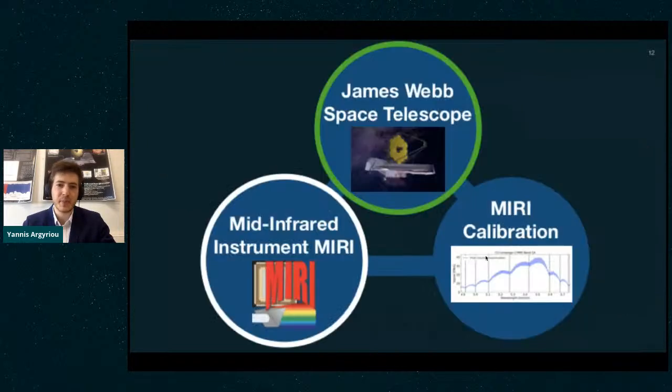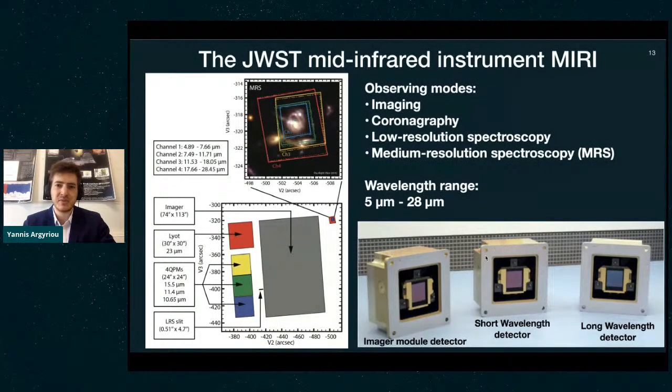Now I'll be touching upon the mid-infrared instrument. The JWST mid-infrared instrument, also called MIRI, will be performing in different observing modes. This includes imaging, coronagraphy, low-resolution spectroscopy, and medium-resolution spectroscopy. I show this on the left-hand picture.